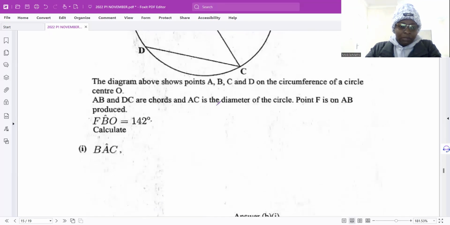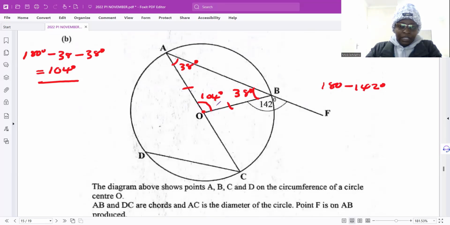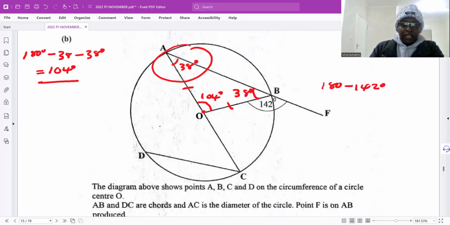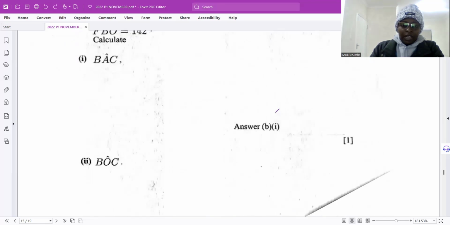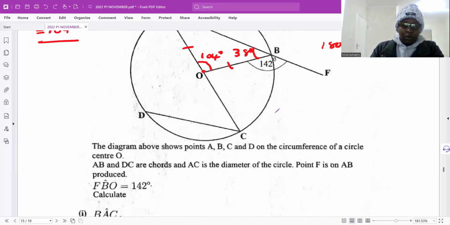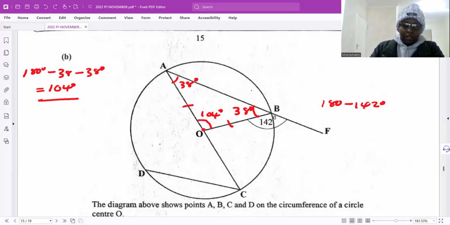Okay, so calculate BAC. BAC. Okay, so it's 38 degrees. It's this one. It's 38 degrees. Calculate BOC. Okay, so it's this one that we want.